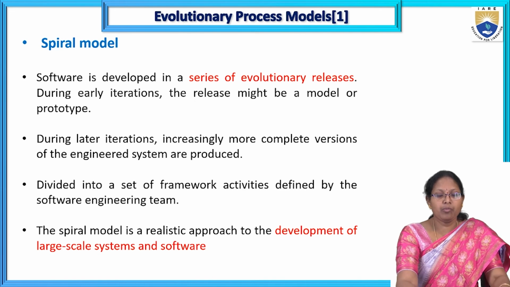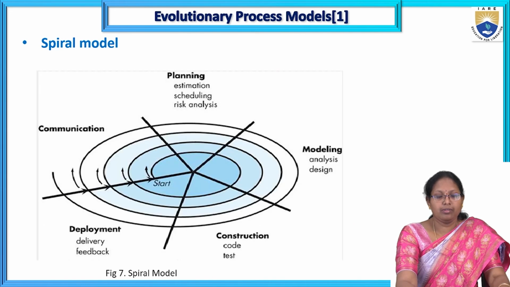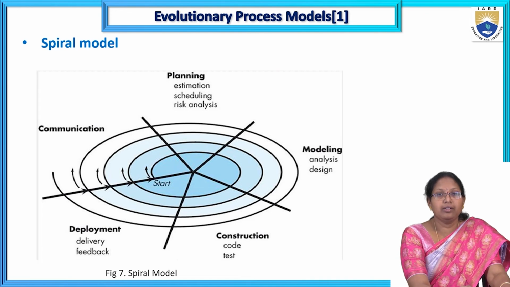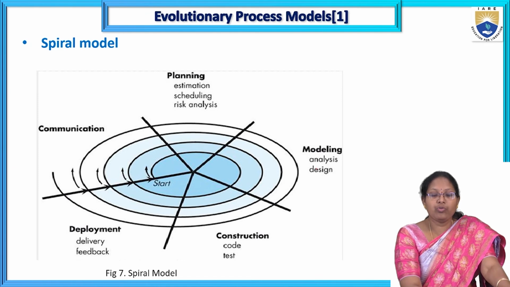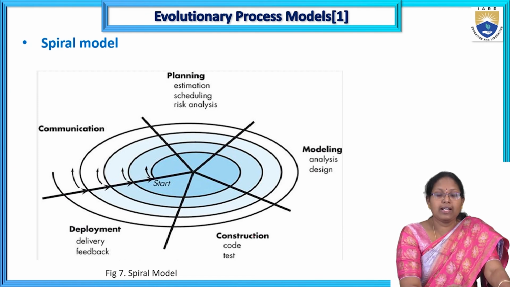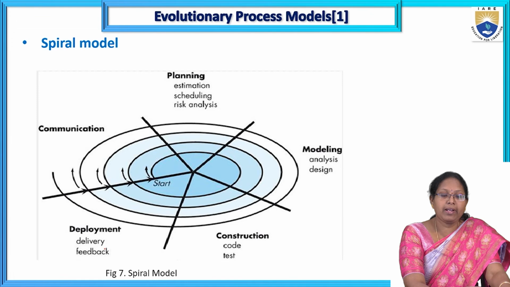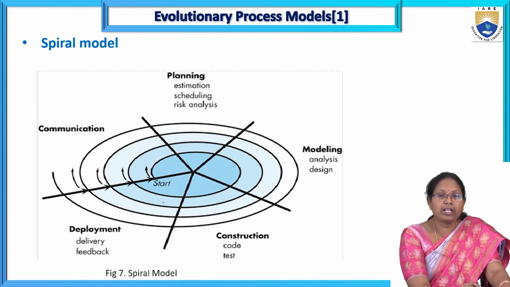So the prototype model is as shown here. It first starts with communication, later planning, later modeling, later construction, next deployment. The first two iterations are also cyclic, like a prototype.